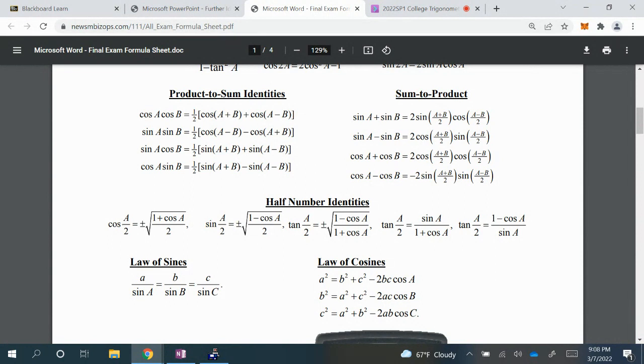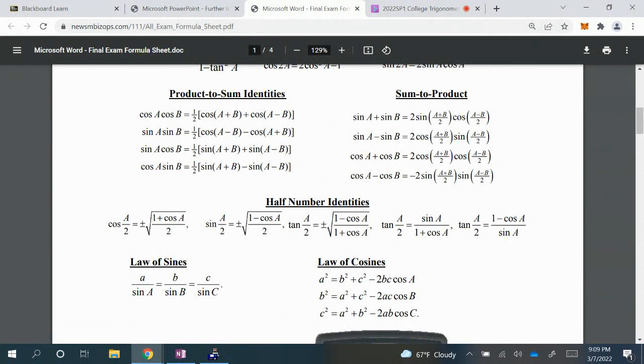Times the square root of 1 minus cosine A divided by 1 plus cosine A. So in order to use the first formula, you need to know this cosine value. To use the other 2 formulas, you need to know both the sine and the cosine, but you do not have to determine the sign before you use the formula.